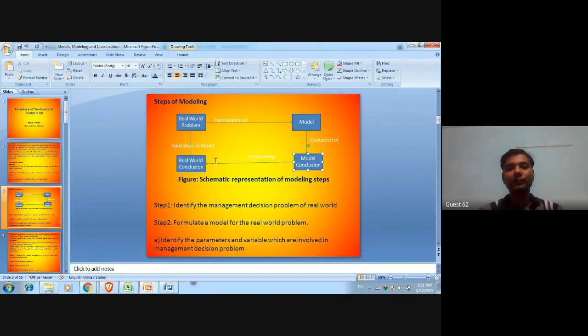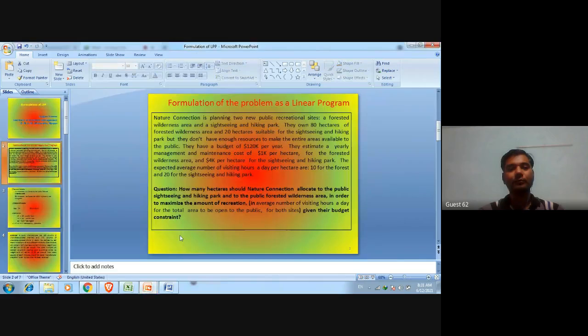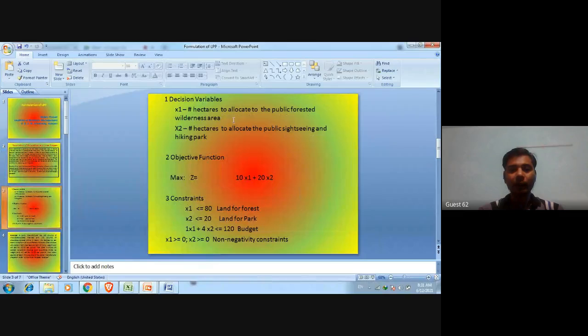So after the conclusion, the real world conclusion will be given, just like I have shown you in this example. There is a real world problem, you have constructed a model, and now you have to explain or interpret it, just like I have interpreted it here. What is the objective function?